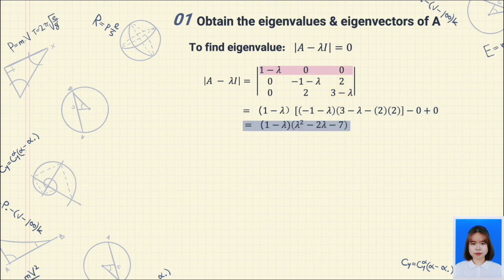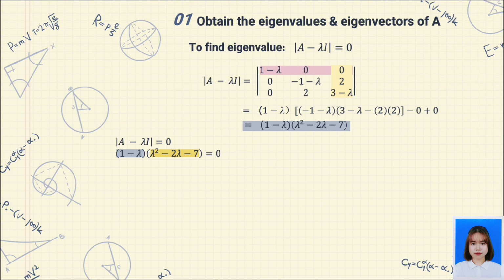So we find that the determinant of A minus lambda I is equal to 1 minus lambda times lambda squared minus 2 lambda minus 7. As we have to let the determinant equal 0, 1 minus lambda times lambda squared minus 2 lambda minus 7 is equal to 0.